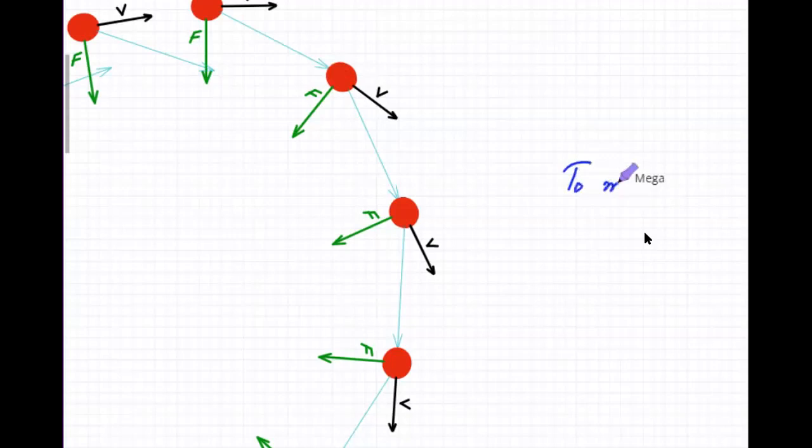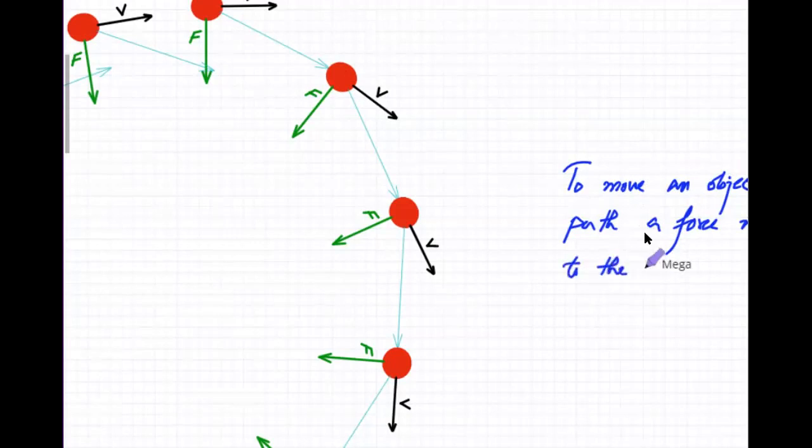To move an object in a circular path, a force must act perpendicular to the velocity and towards the center of the circular path.